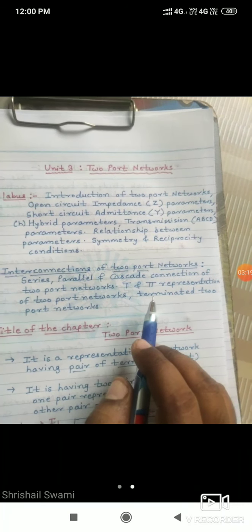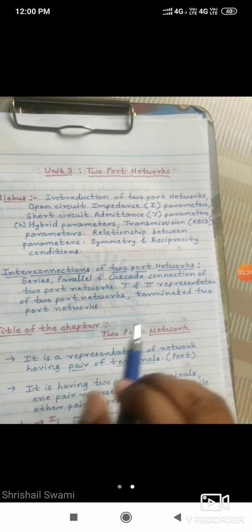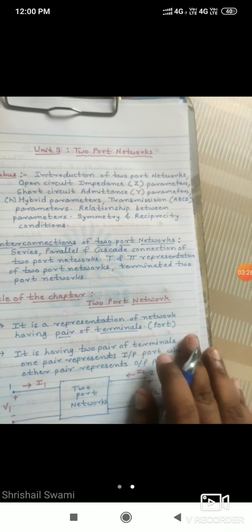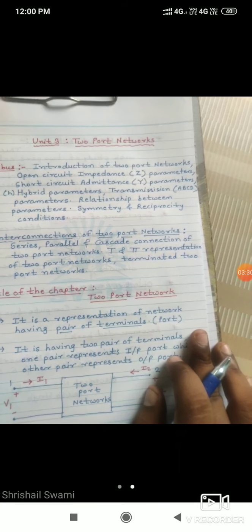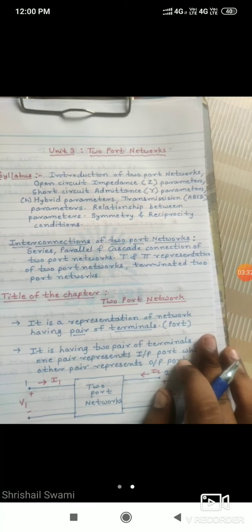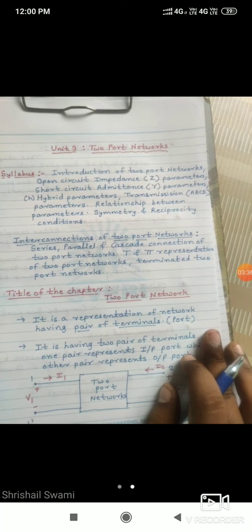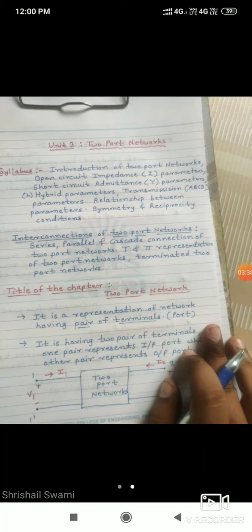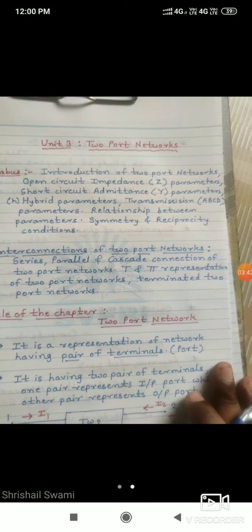The last point will be the terminated two-port networks. In terminated two-port networks there are again 2 points: the load terminated, and what the input should be and what the output should be. If load terminated is there, how we can get the output, we will cover in the terminated two-port network.